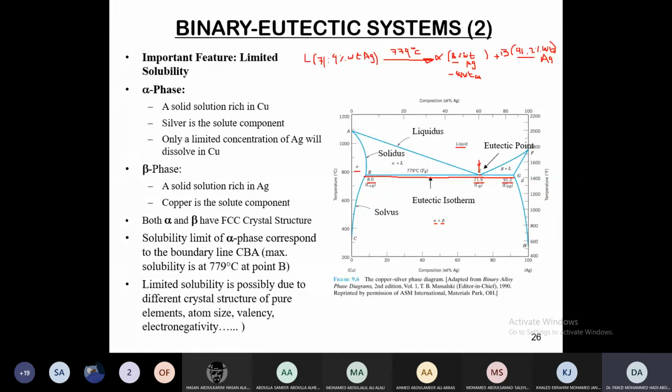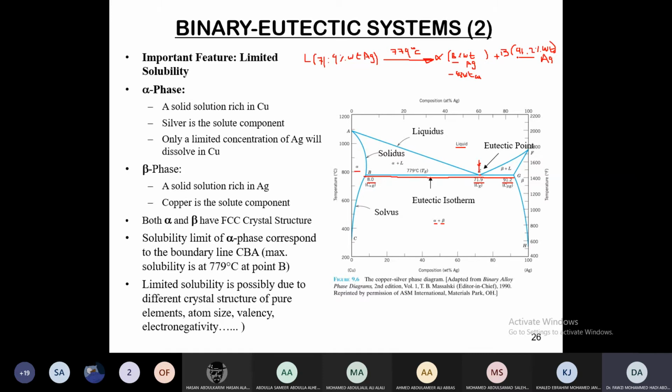So you can do that. But since when I say silver is this much, I don't need to write the rest, which is the copper, because this is binary. So this all together will be 100, yes, but not this with that one, of course. This is a solid solution and that is another solid solution. Here in this case, we have 100 minus 91.2.